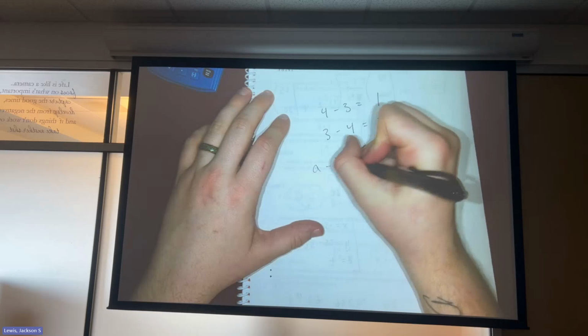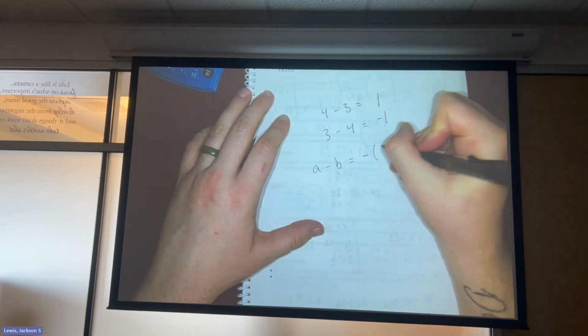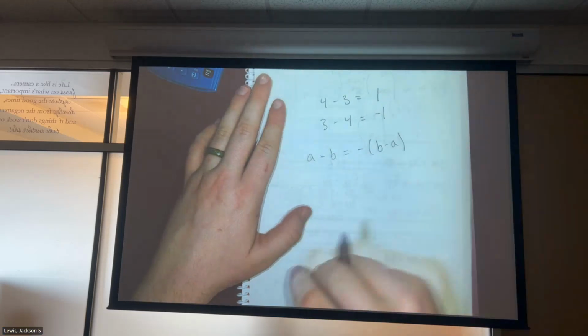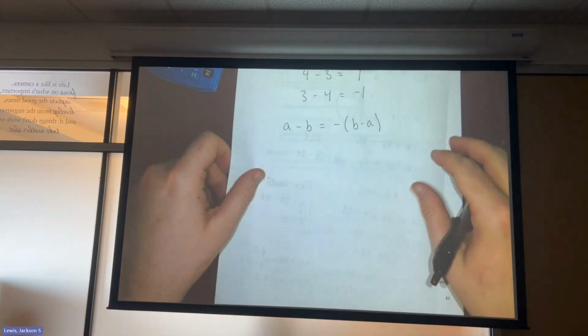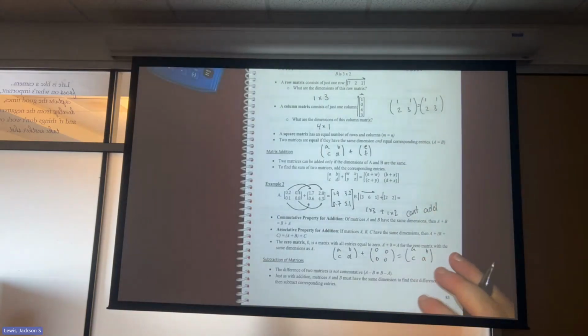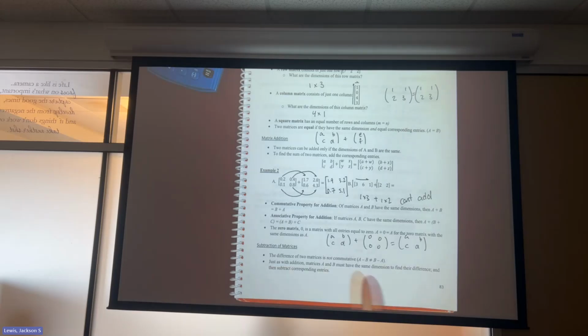So the operation doesn't commute. Specifically, A minus B is the negative of B minus A if I were to switch it around. So I can't just commute the subtraction. That's important there. I also have to have the same dimensions. That makes sense. I can't subtract out spaces that don't exist from a matrix.